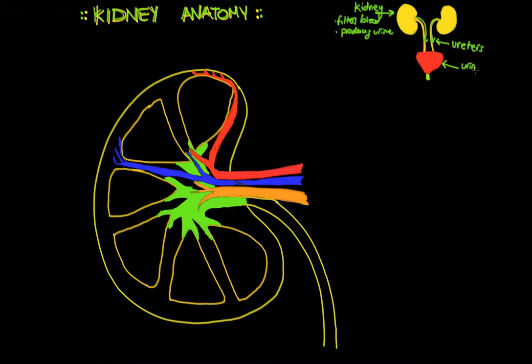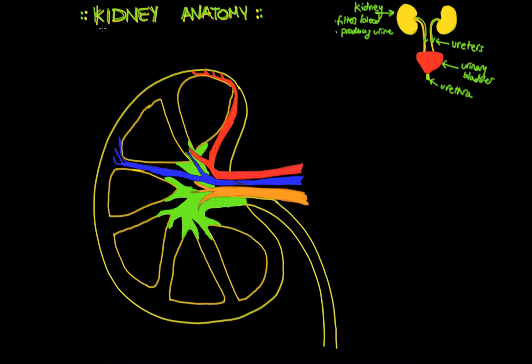And so the urinary bladder is responsible for the storage of urine, followed by excretion of the urine to the outside environment through the urethra. Right? And so these are the different regions of the urinary system.